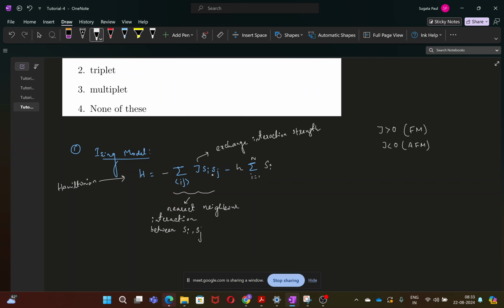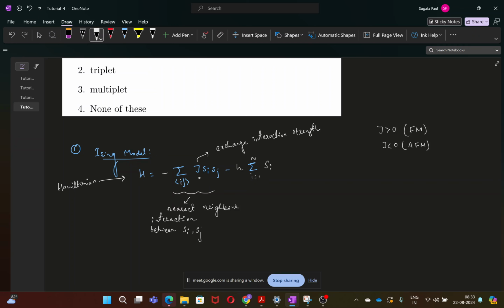That means both Si and Sj will be either spin up or both spin down. If both are spin up, plus 1 and plus 1 makes the product plus 1. If both are spin down, then minus 1 into minus 1 also gives a product of plus 1. So this product will always be of a positive sign.